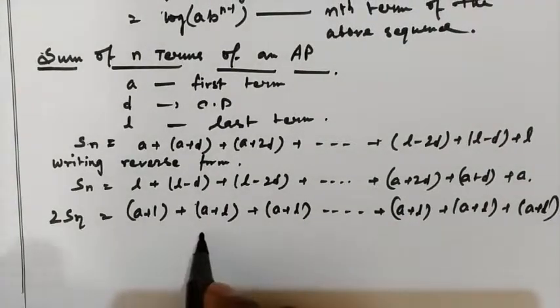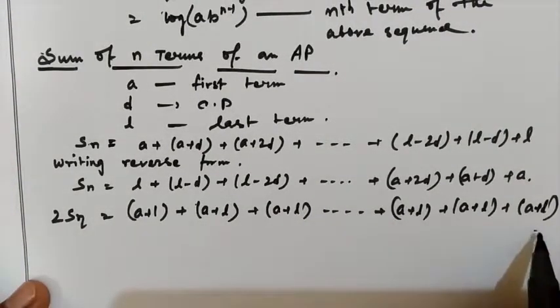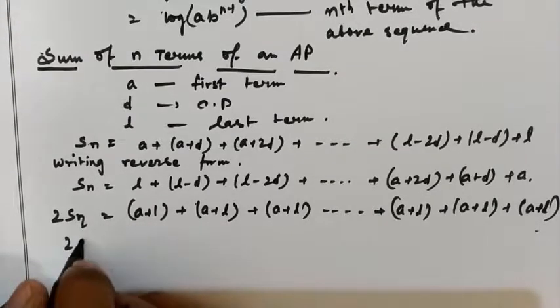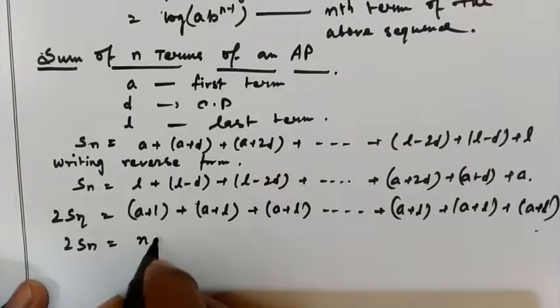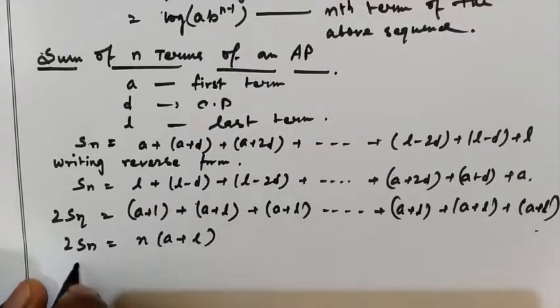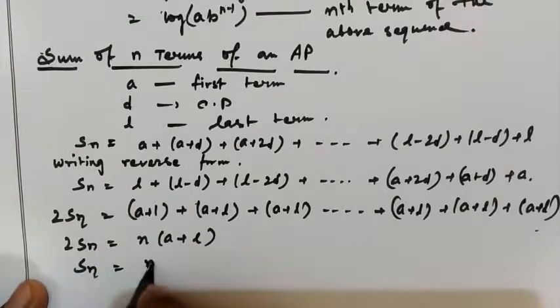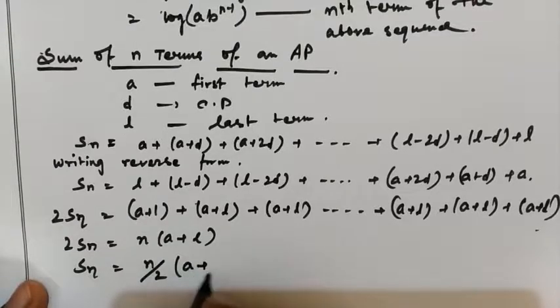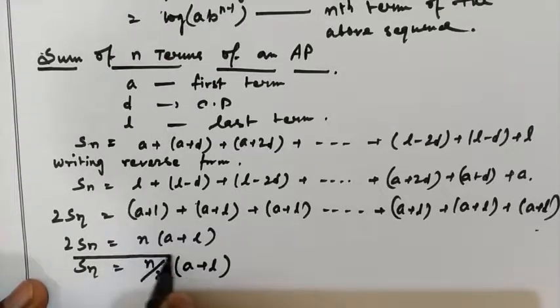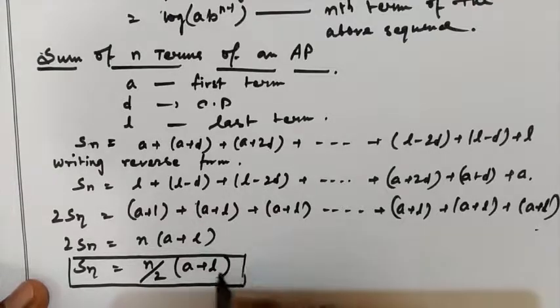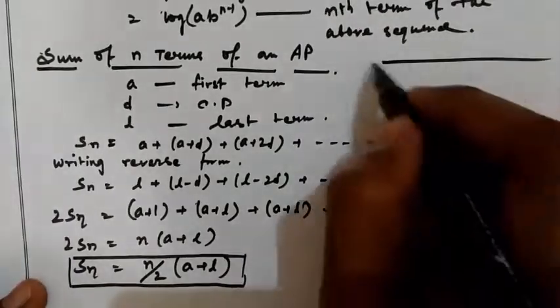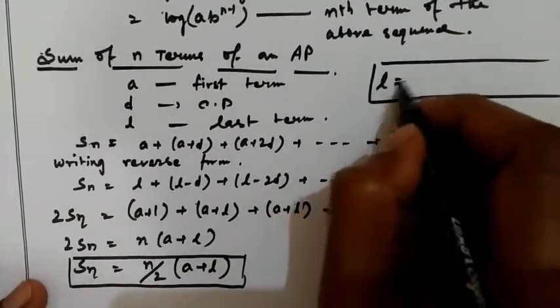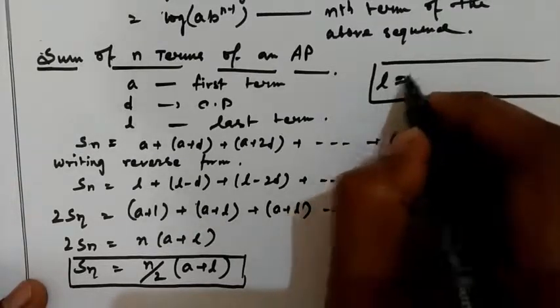So 2Sn equals a plus l up to n terms. So this can be written as 2Sn is equal to n into a plus l, or Sn is equal to n by 2 into a plus l. This is the summation of n terms. This can be modified. We know l is the last term, that is the nth term.